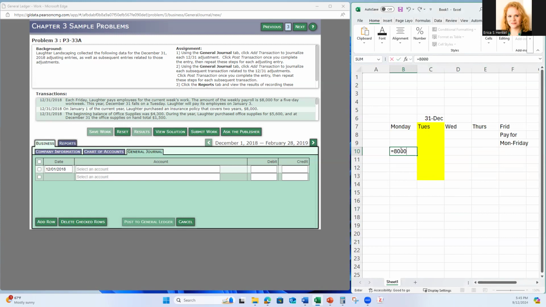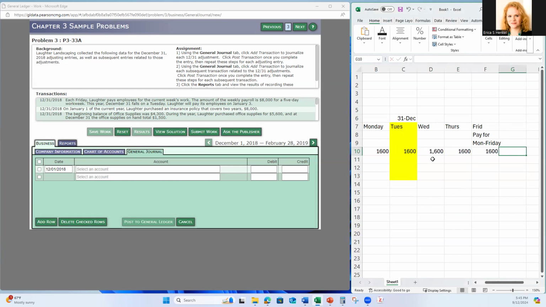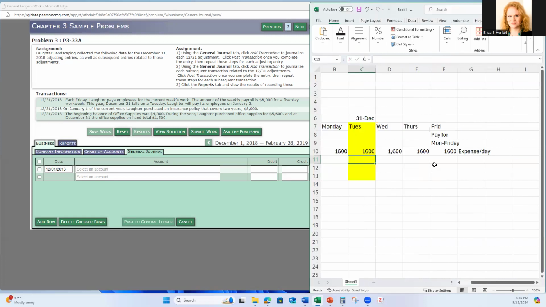All right. So $8,000 for multiple people, right? It does not say how many employees, but 8,000 divided by 5 days is $1,600 per day. That is how much expense we have per day here. And then on Friday, they are paying for Monday through Friday, which is the full $8,000.